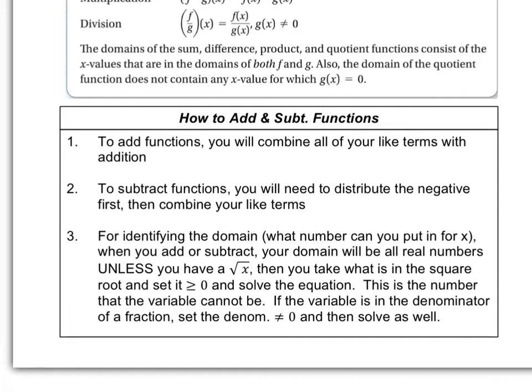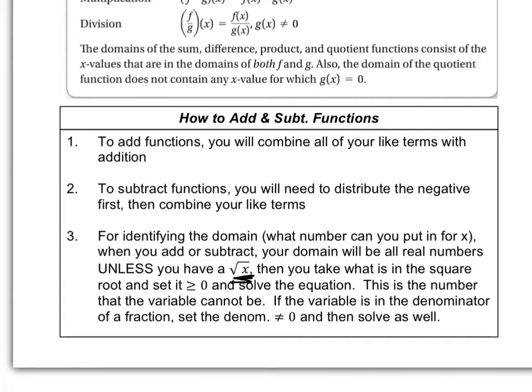Now, in terms of identifying domain, again, what number can you put in for x? When you add or subtract, your domain will be all real numbers. You can put in whatever you want, unless you have one of these 2 things: a square root in the problem, or a fraction.